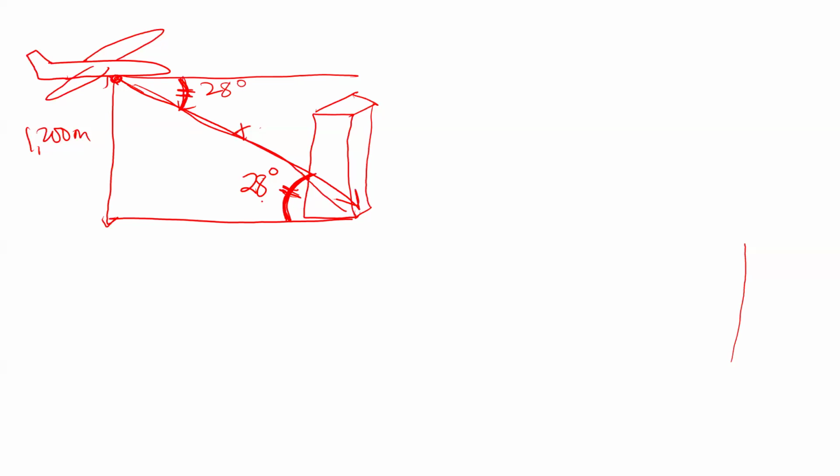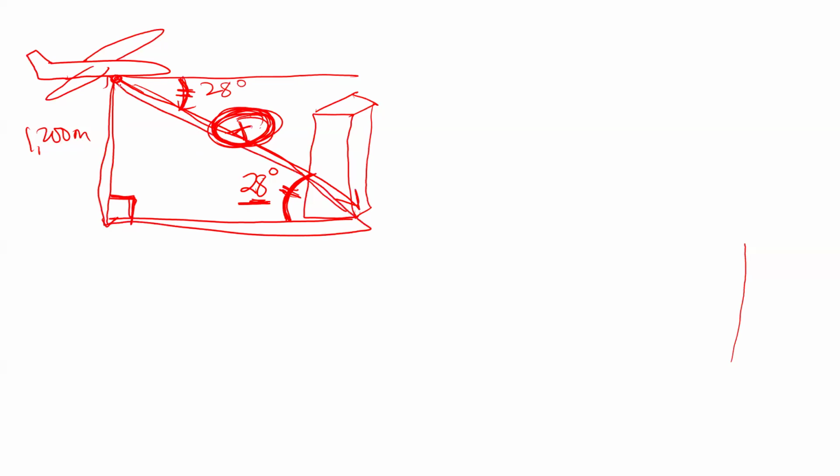Because this is also 28 degrees, we can use our trigonometric ratios to determine the length of x. If you notice, this would become a right triangle, and we can determine the length of the distance between the airplane and the building, which now is the hypotenuse of the right triangle. Can you see the right triangle here?